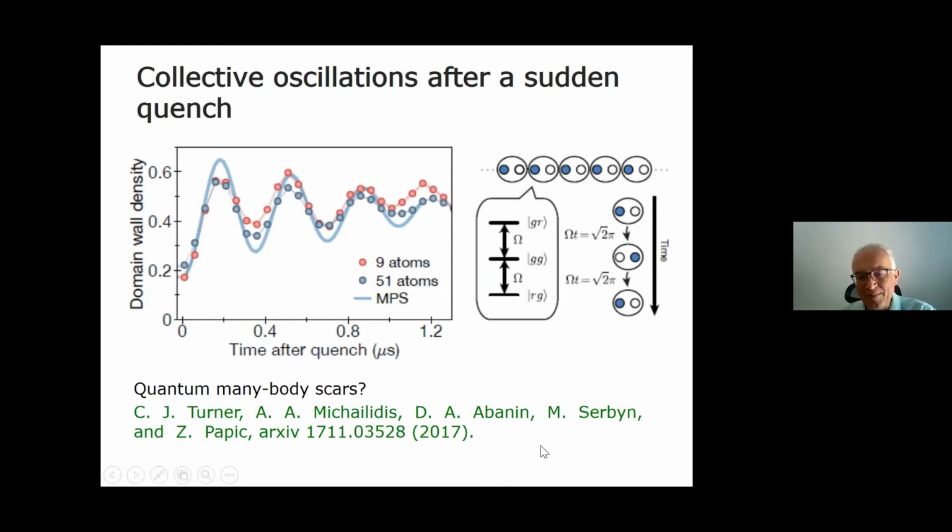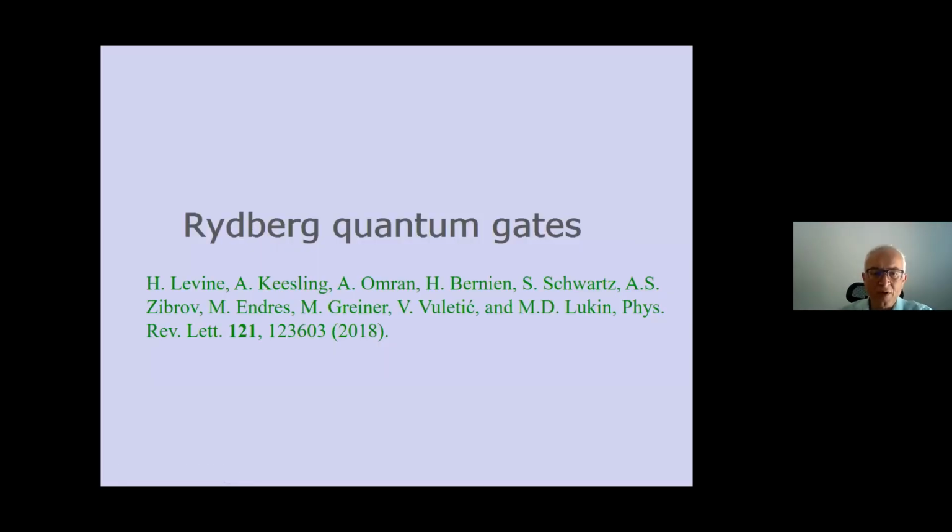For instance, this paper by Papic, Serbyn et al. actually predicts our oscillation frequency from a many-body model, from this idea that you have groups of states that are separated. So it's a non-trivial effect: this oscillation is at 1.55 omega, where omega is the Rabi frequency, independent of the system size. So it seems to be a universal phenomenon.